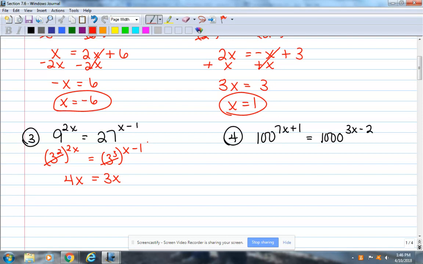I'm distributing. This times this and this times this. What's 3 times negative 1? Thank you. Y'all are like pulling teeth today. Now we've got to get our x's together. How do we get our x's together? Thank you. Driving me crazy. So that gives me x equals negative 3, and it's already solved, isn't it?